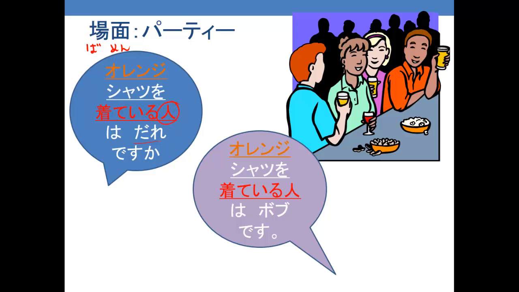It's a person, a hito. So the person wearing the orange shirt is who? Someone replies, Orenji shatsu wo kiteru hito wa Bob desu. So the person, then the explanation before that, the orange shirt wearing person, then the end of the sentence is Bob.